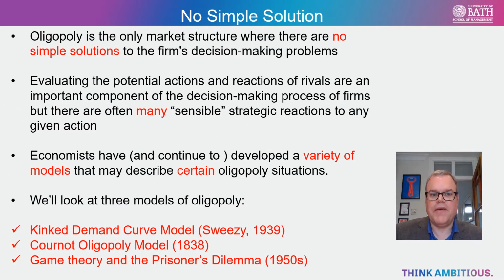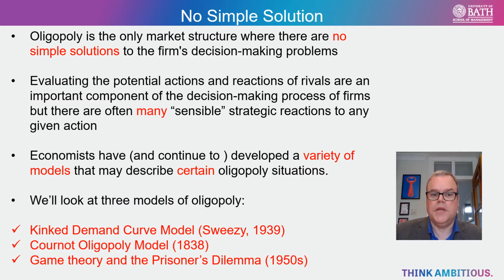Okay, we now come to the models. But first, a warning. There are no simple solutions or models to capture a firm's strategic decision making. This is because evaluating the potential actions and reactions of rivals over a wide range of strategic variables, such as price, advertising behaviour, and R&D expenditure, is complex.